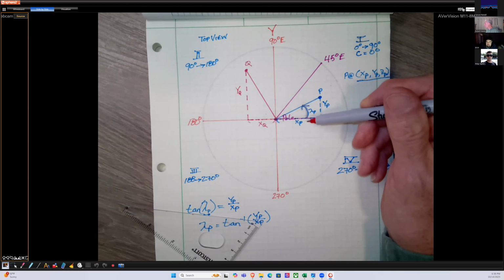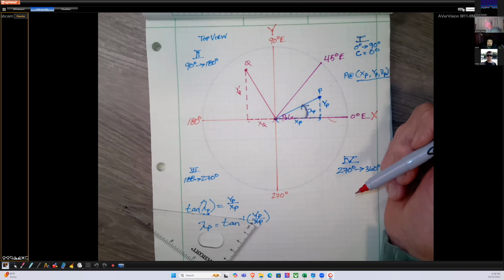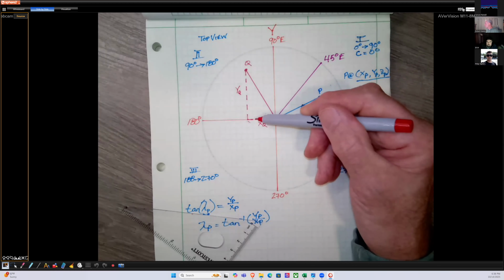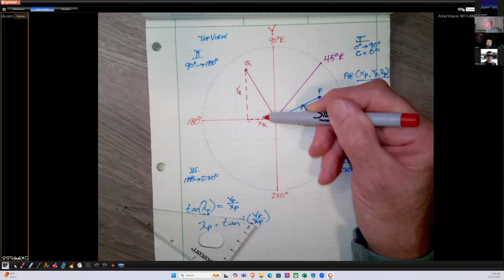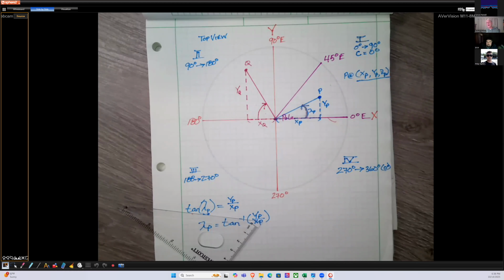What's it going to return over here? It'll return the angle from x sub q over to the other line. Yep. That's the way the arctangent function works. It's always returning an angle off of the axis that we've put in the denominator here.